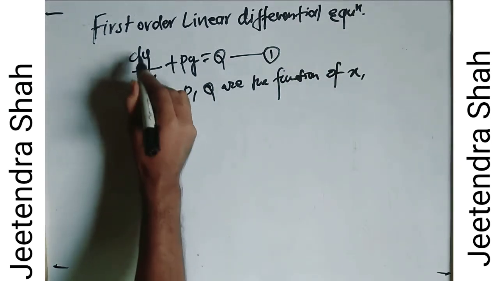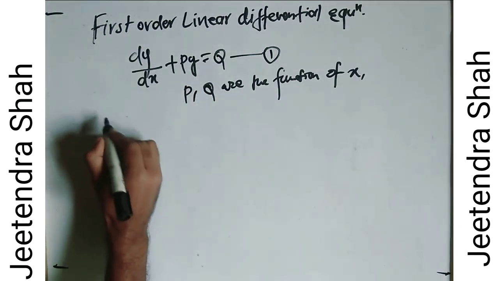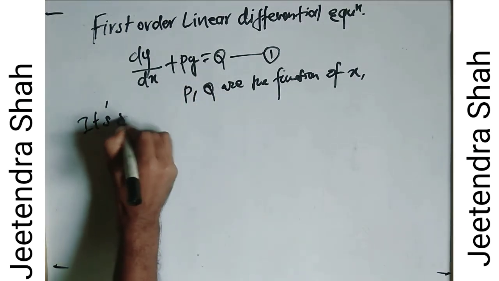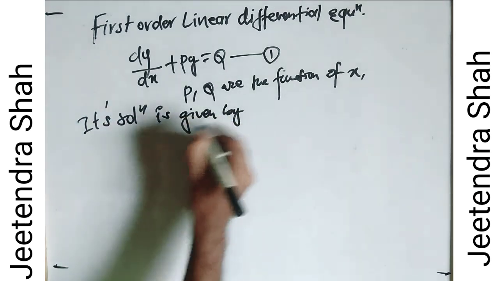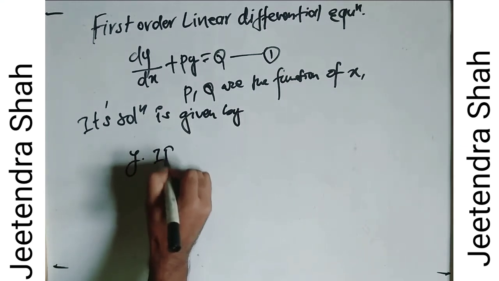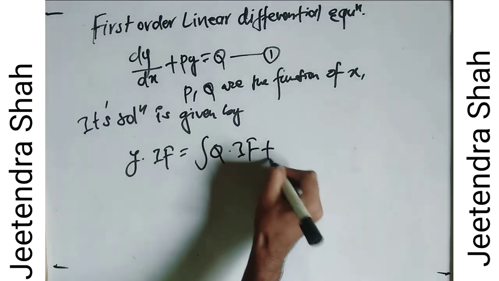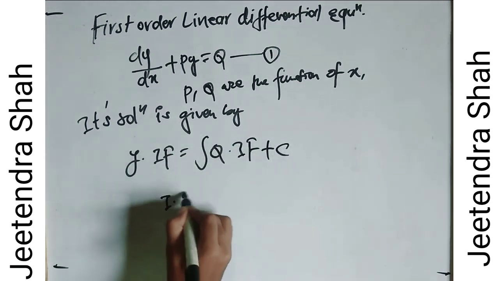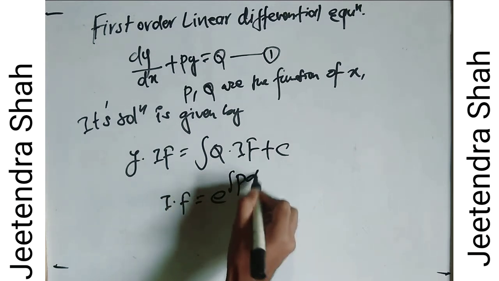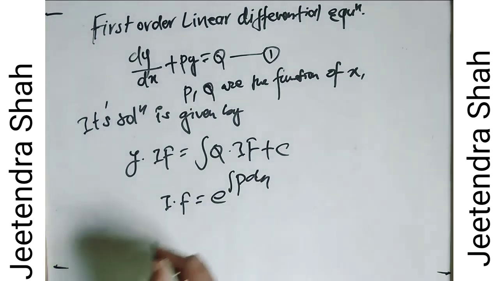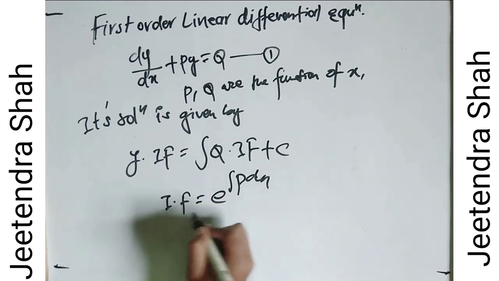Its solution is given by y times integrating factor equals integral of Q times integrating factor dx plus c, where the integrating factor is calculated as e to the power integral of P dx.